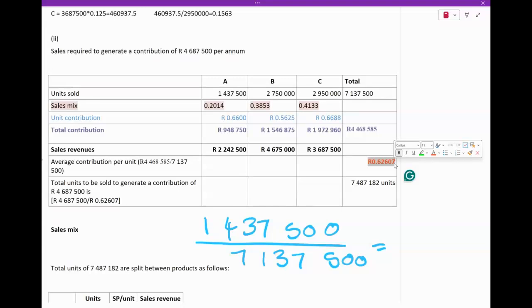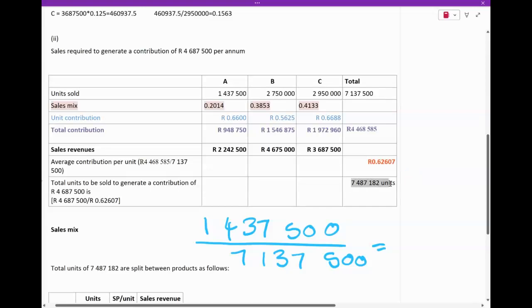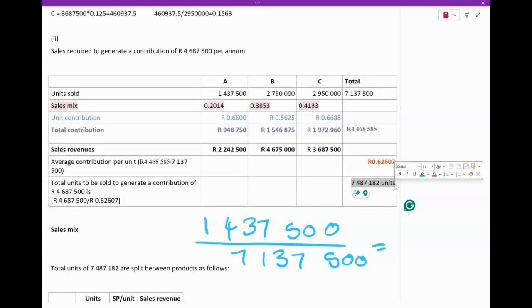But here we want to know how many units must we produce in order to get the contribution of 4,687,500 per annum. So we divide that and we realize that it is 7,487,182 units. Okay, so that's the number of units we must produce.